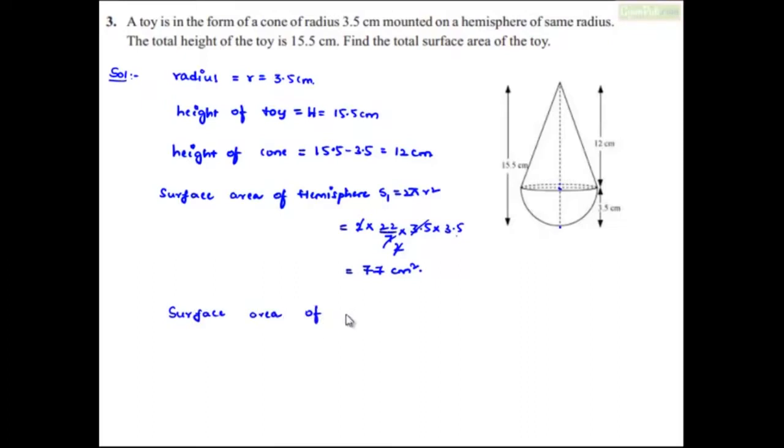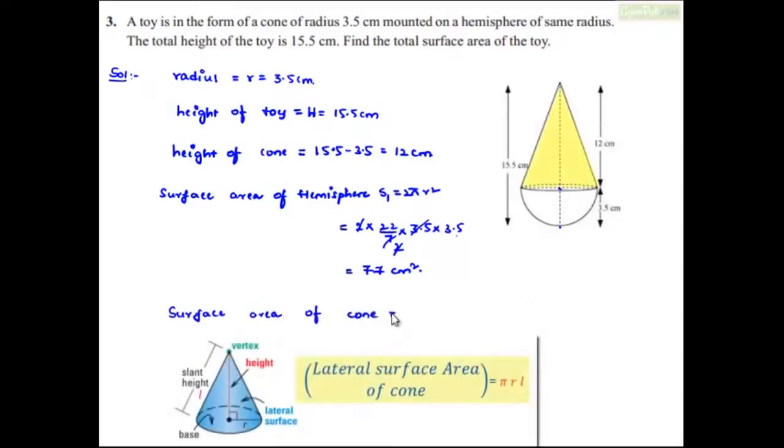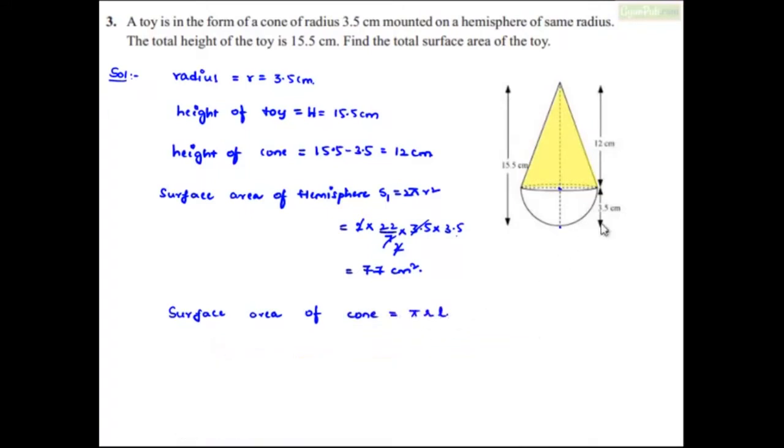Now let us also find the surface area of the cone, which is equal to pi r L, where L is the slant height.